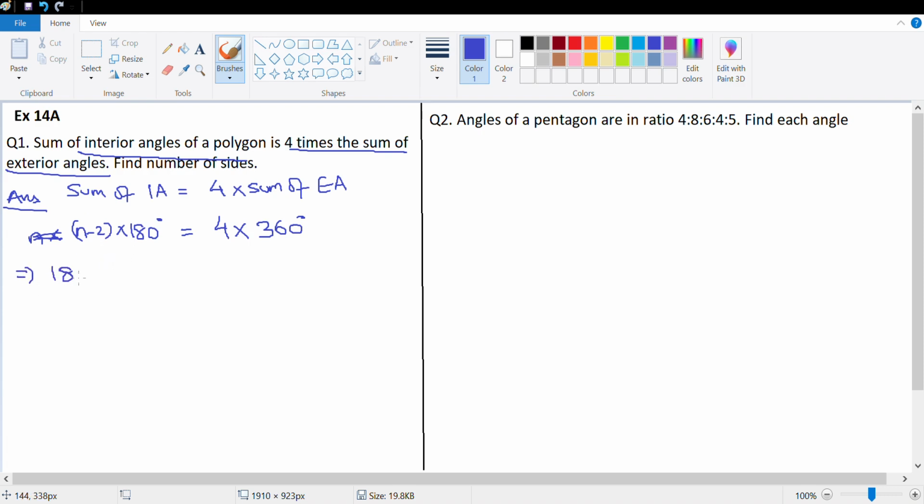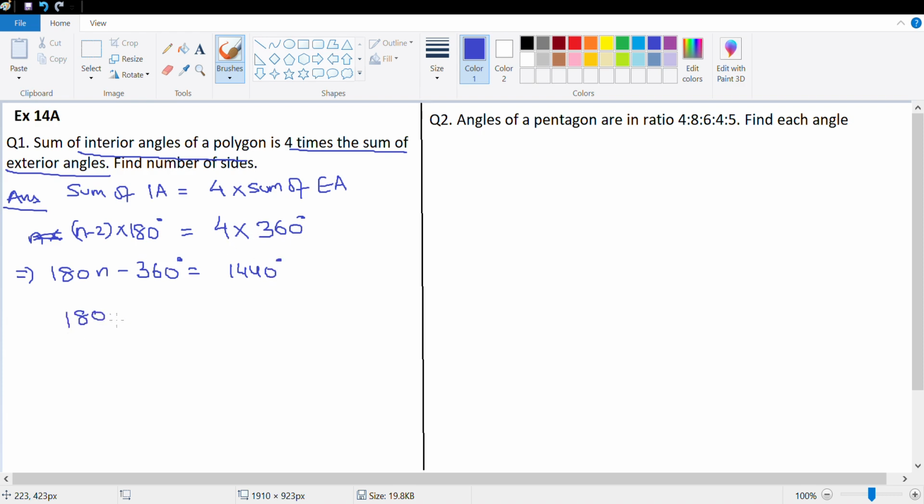So this is 180n minus 360 degrees is equal to 4 into 360 degrees, which is 1440 degrees.